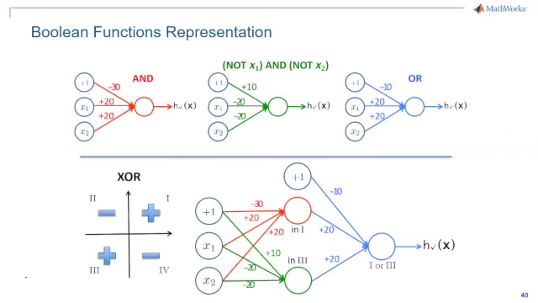So how do you combine all of this to make this exclusive OR gate? Exclusive OR, you see that you have in the first quadrant a positive, and in the third quadrant. So it's quite difficult to separate this, you know? So the power of neural networks is you can do it.